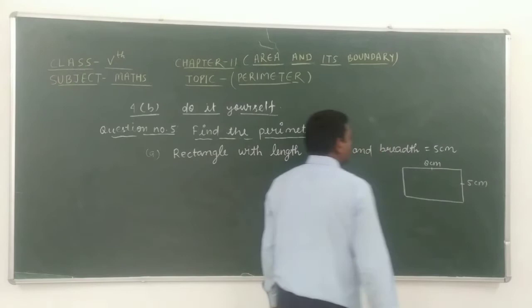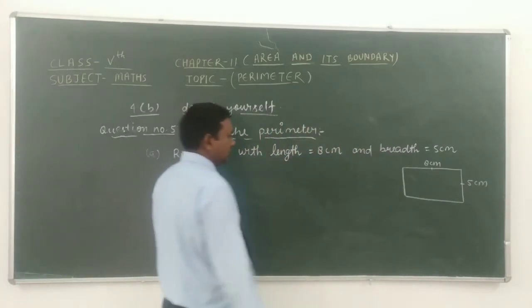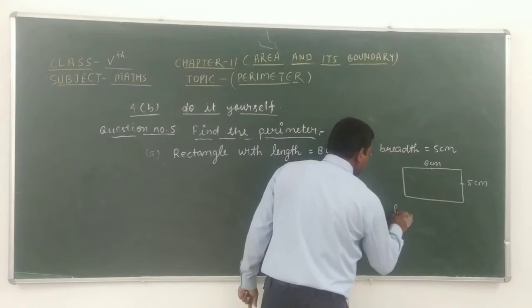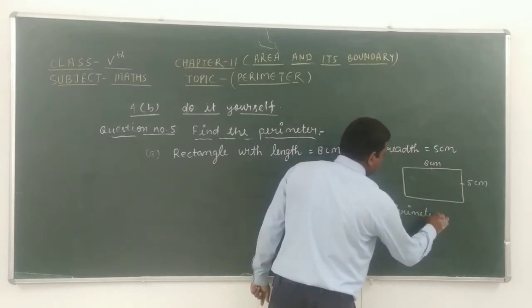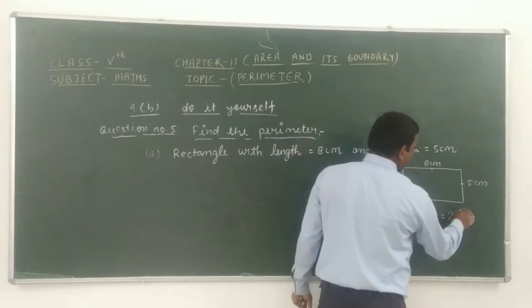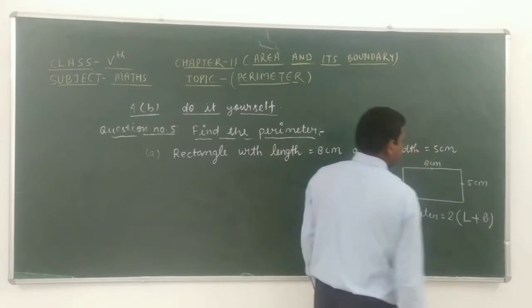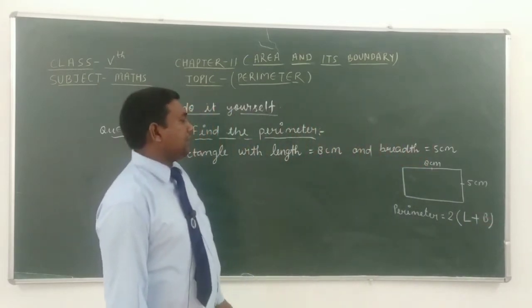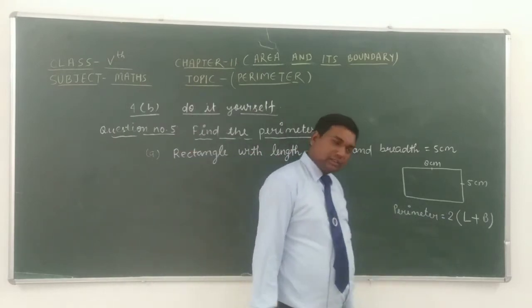Then the perimeter of this rectangle is equal to 2 into bracket length plus breadth. Okay dear students, the formula of perimeter of a rectangle is equal to 2 into length plus breadth.